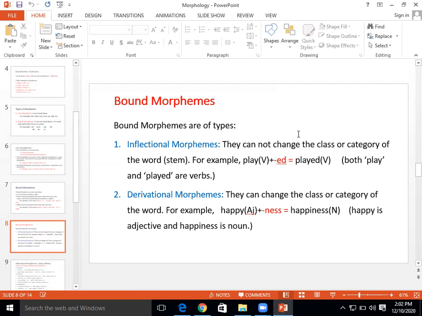So by adding ness to the adjective happy, a noun is created. So the category is changed, because happy is an adjective but happiness is a noun. That's why ness is a derivational morpheme, the morpheme which changes the category or the class of the word when added to the stem.